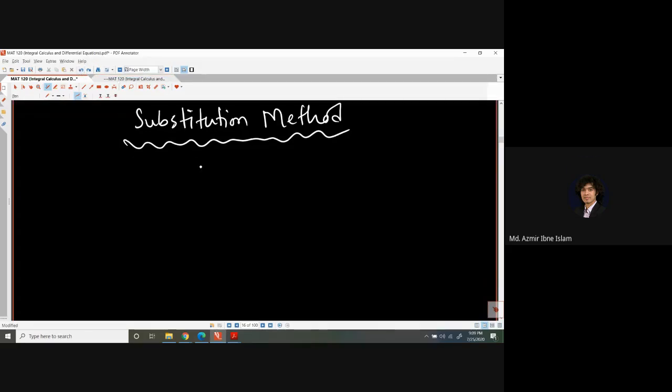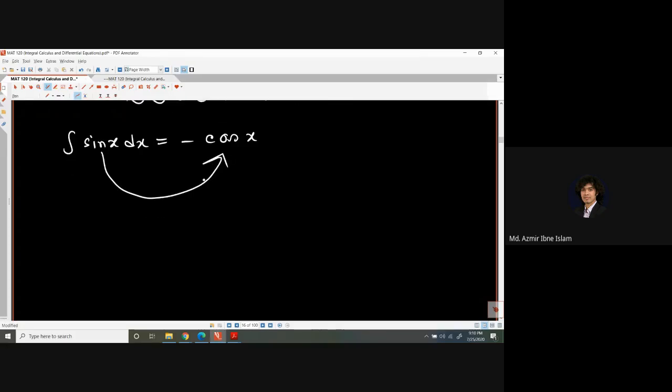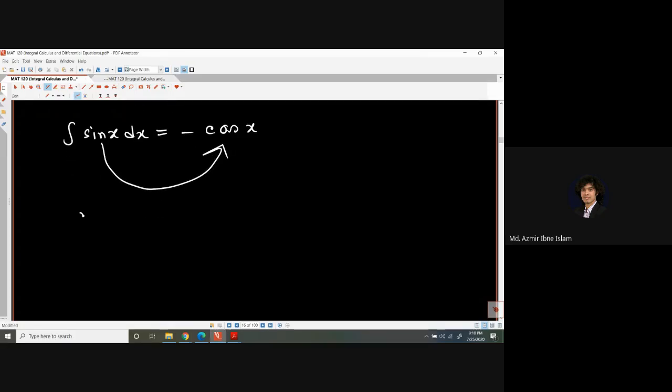So why do we need the u-substitution method? First of all, I have already mentioned that integration of sine x dx is equal to negative cosine x. That means for this function, you know what the antiderivative will be. But things will be critical if we have integration of sine of x plus 1 dx.